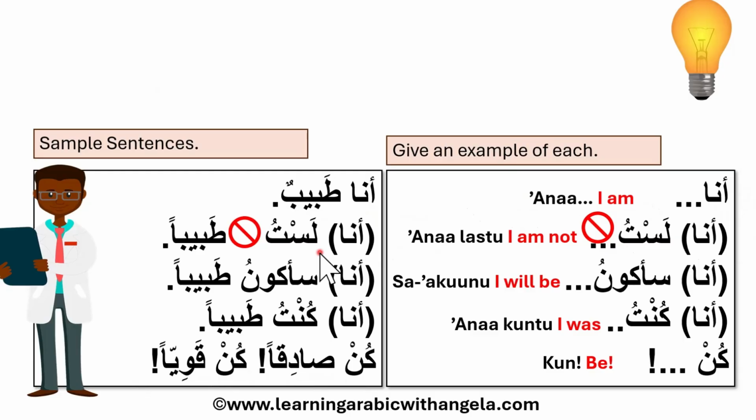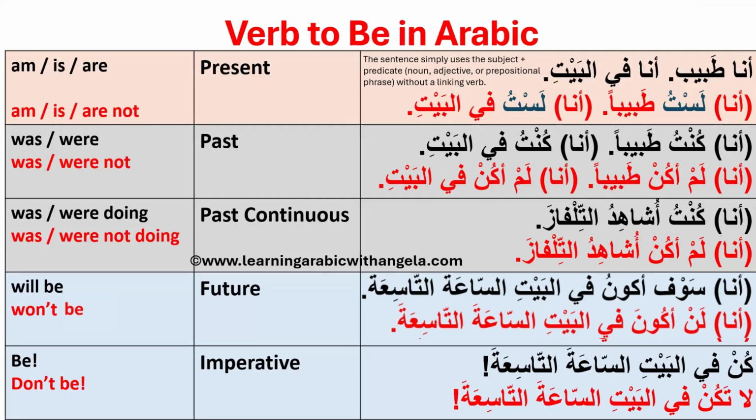And we're going to need verb كان in the past tense, أنا كنت, in the future, سأكون, and in the imperative, if you're telling someone to be something, over here it's conjugated for أنت. كن صادقا, كن قويا. Next step, only if you've got enough courage to continue.